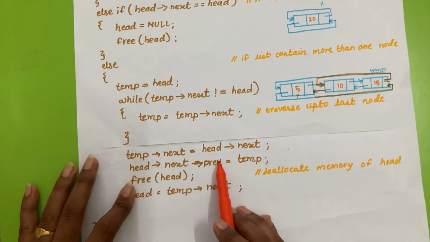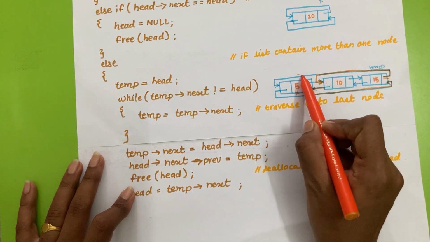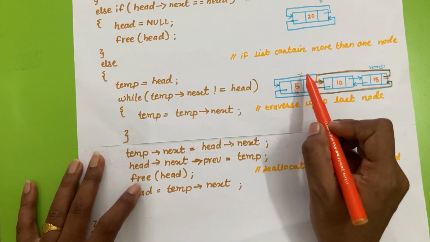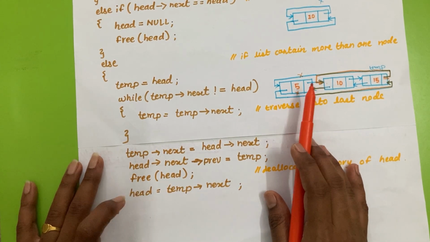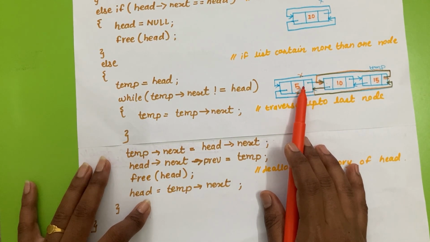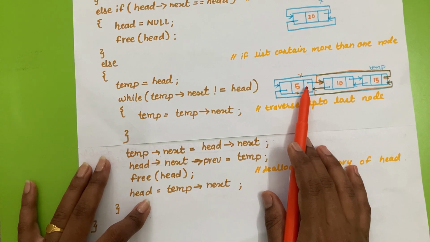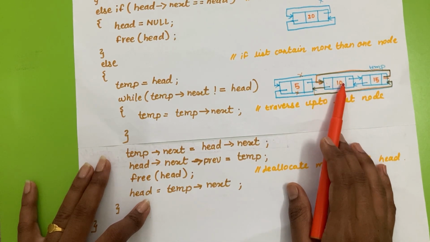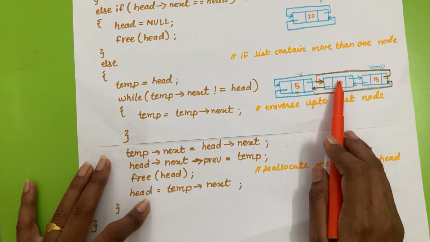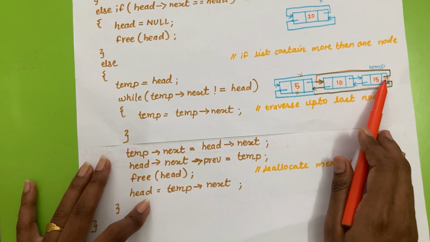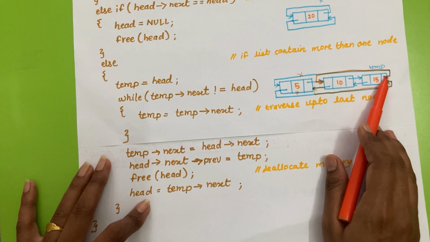Now we have to free up the memory of this head node, so free head. And now we have to assign the head position to the head's next node. The address of head's next is stored in temp next.